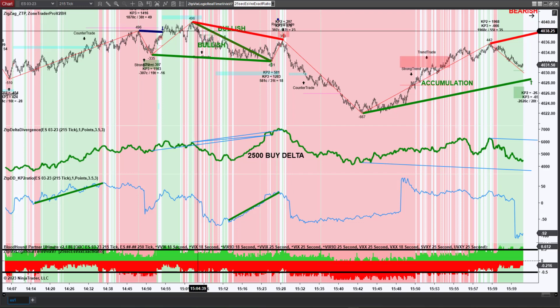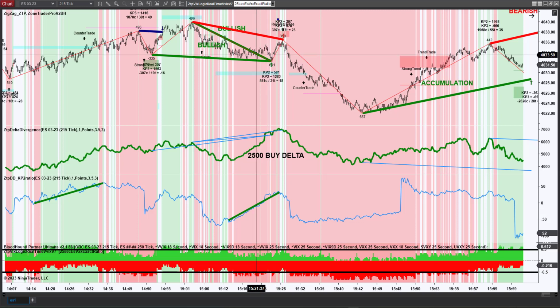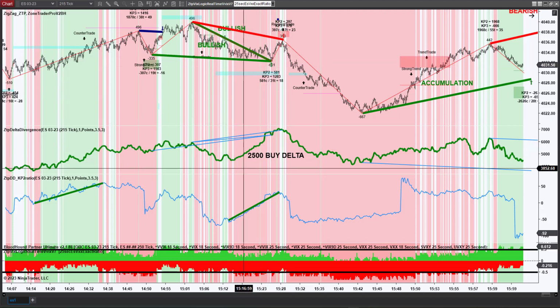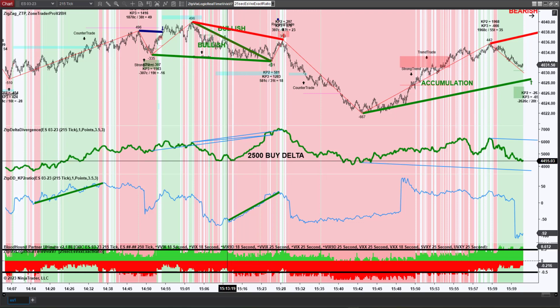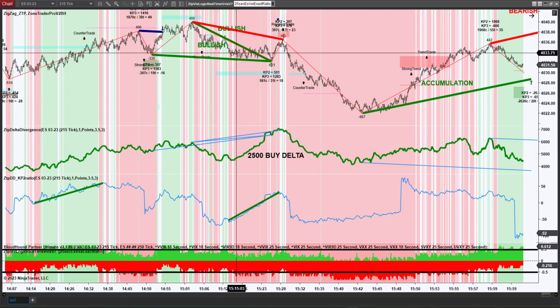Now, initially the trade went well, and something very weird happened in here. There was a huge amount of trading that took place here, basically over a 15-20 minute period. And during that period, there was a buy delta of around 2,500 contracts, which is a very large amount.